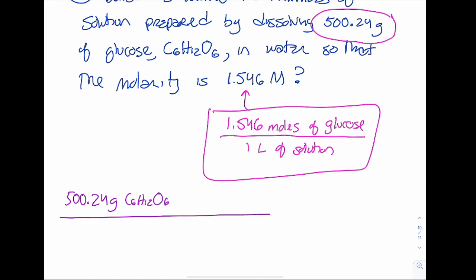We do need the molar mass, right? Every time we convert between grams and moles, we're always going to use the molar mass. So again, grabbing the periodic table and my calculator, I have 6 carbons, 12 hydrogens, and 6 oxygens. And I get 180.18 grams per mole.